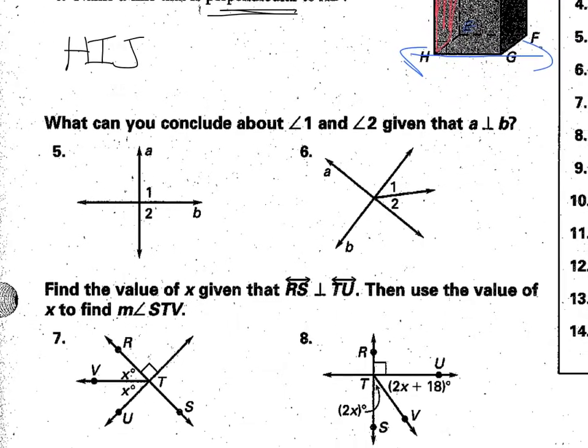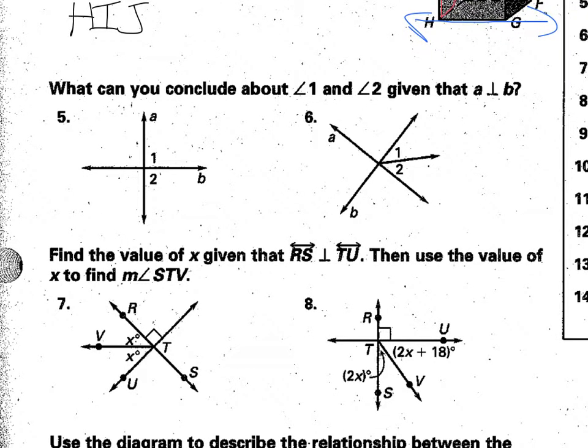Number 5 and 6, we would basically want to say, what can you conclude about angle 1 and angle 2, given that AB are parallel? So A, B are parallel, perpendicular. They're perpendicular. They intersect here. So remember what perpendicular lines are. They make a certain type of angle. And in number 5, here's 1, here's 2.